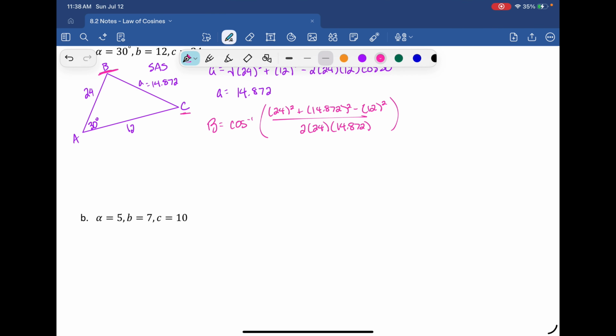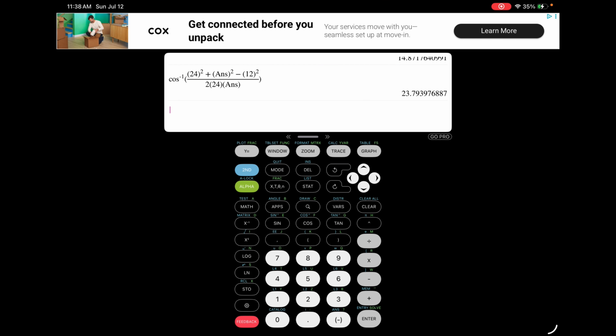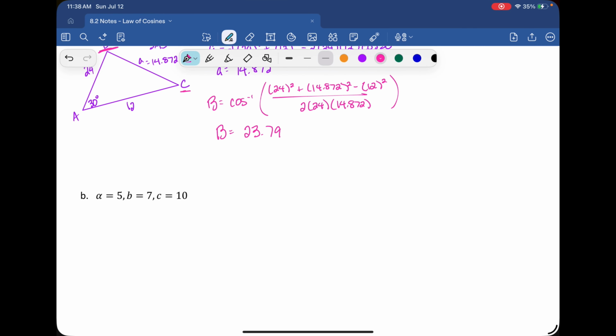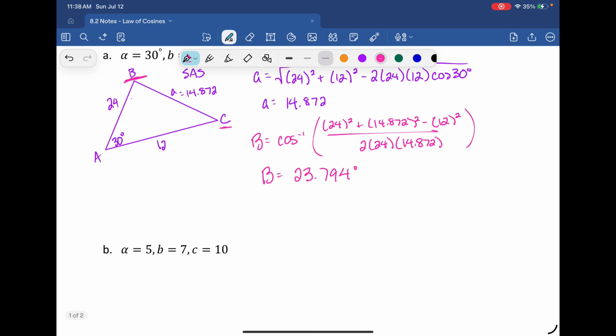So we're going to say B equals 23.794. From here, you have 2 of the 3 angles of the triangle. Add them and subtract from 180.